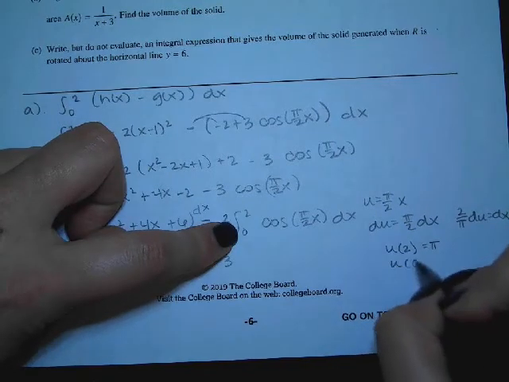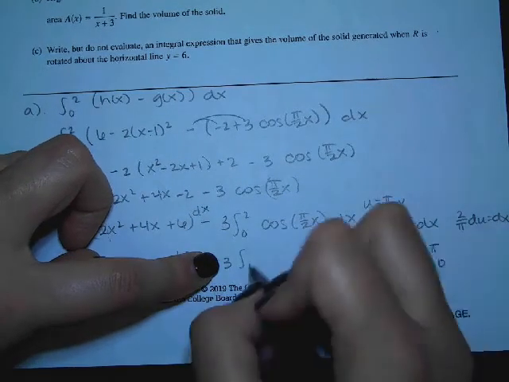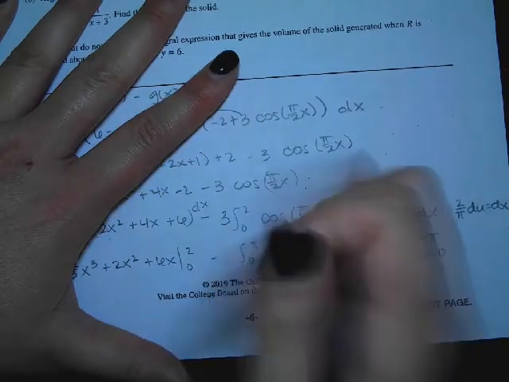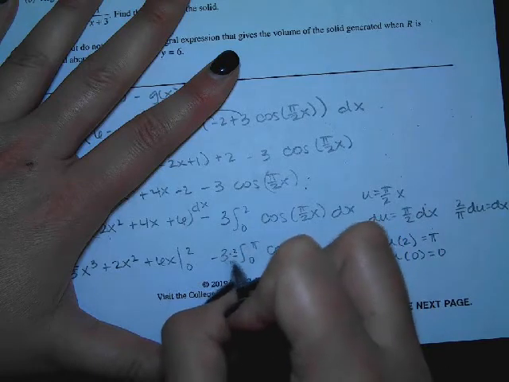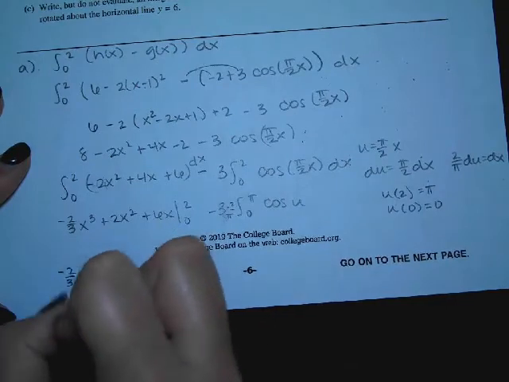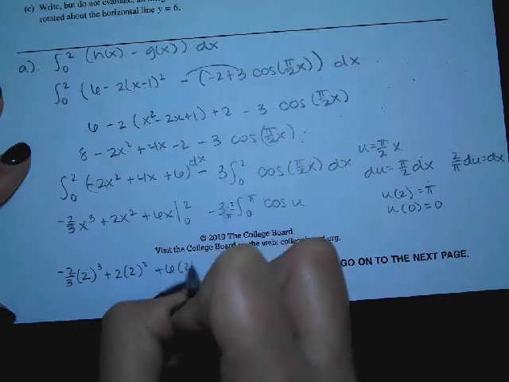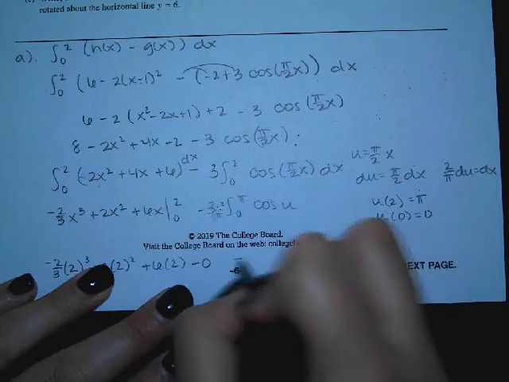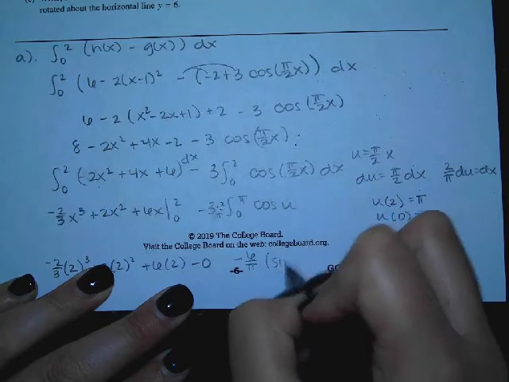If I plug 0 in, I get 0. So from 0 to pi cos u. Antiderivative of cos is sine.